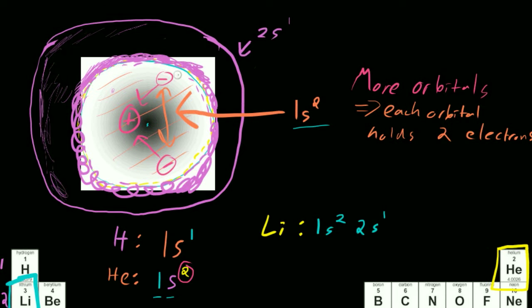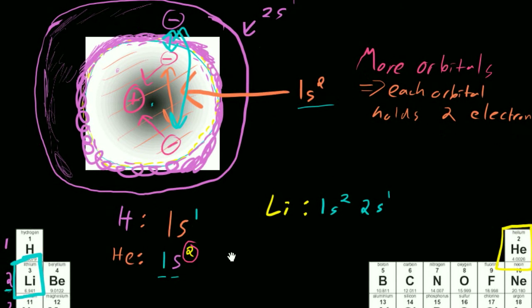And what makes these electrons need their own orbitals is the repulsive force between all of these electrons. These electrons want to get essentially as far away from each other as they can. And anyway, I think that's enough.